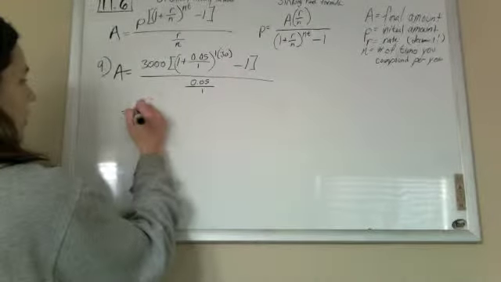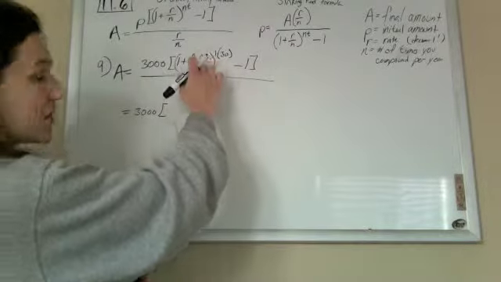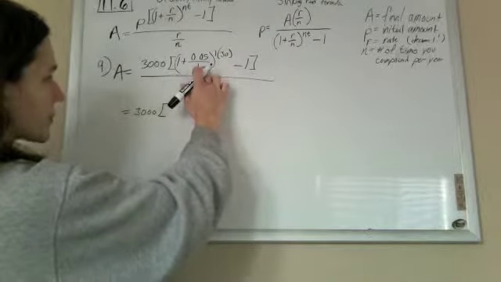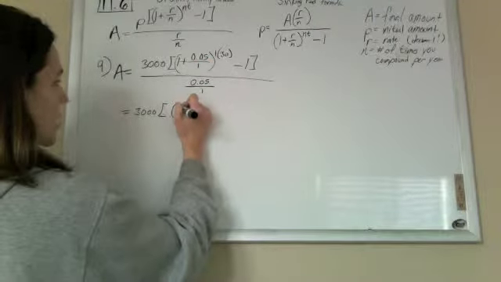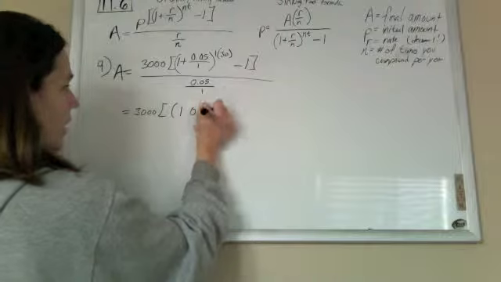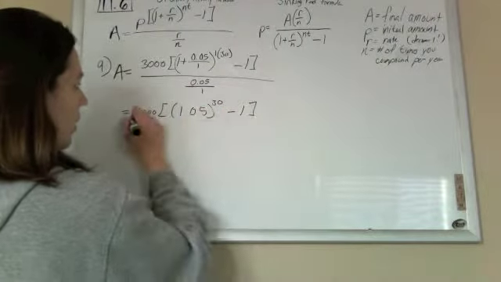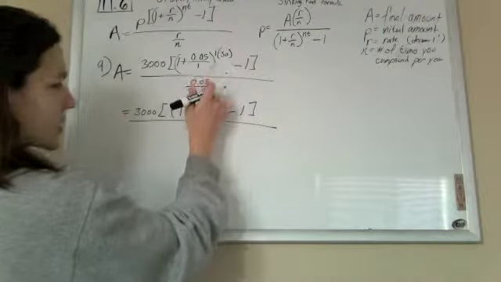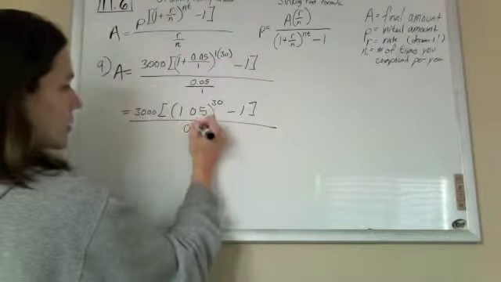The first thing you're going to want to find is, again, this 0.05 divided by 1, and add the 1, so that's 1.05 to the 30th minus 1, all over, and again, the 0.05 divided by 1, you'll have already done that. That's just 0.05.